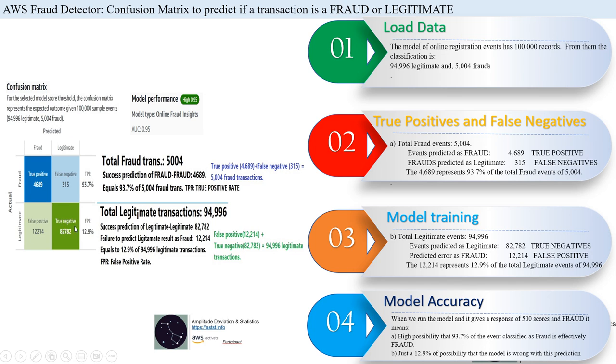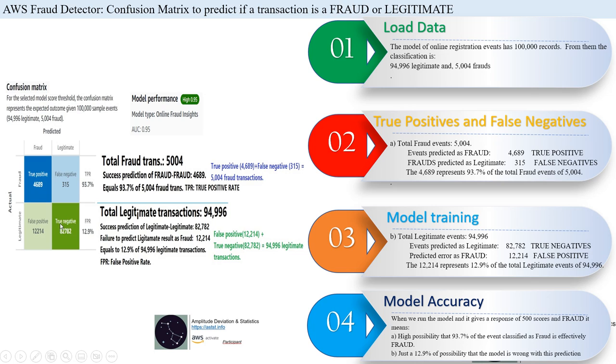So it is the successful prediction of legitimate transactions for 82,782 events, and we are getting this successful prediction for these transactions, qualified as true negative.